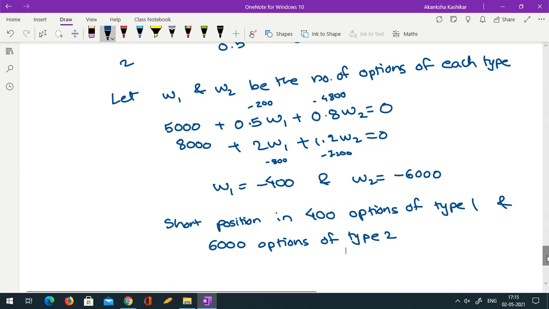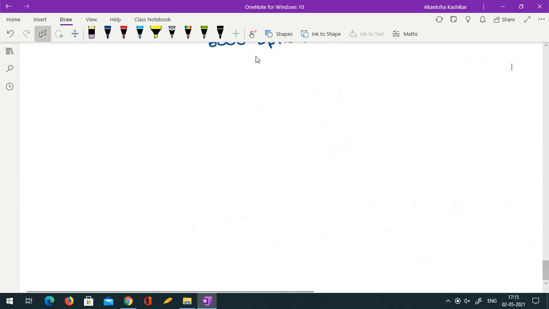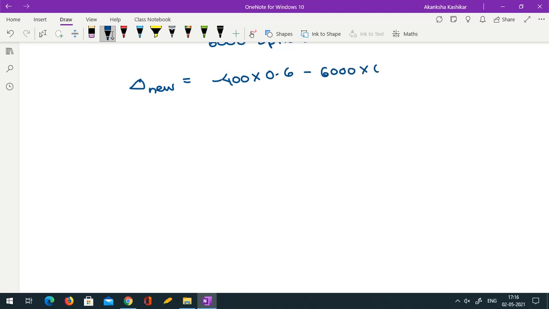Okay, and now the delta neutrality must have been affected. So what is the delta of the new portfolio? Initially it was 0, but now minus 400 into 0.6 minus 6000 into 0.5. So delta becomes minus 3240.